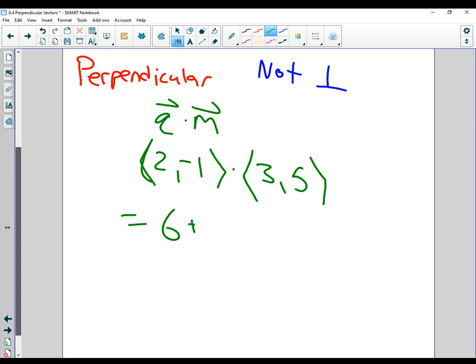Add, or it'll actually be minus 5. Are they perpendicular? No, because that thing's not 0. If that thing's not 0, it's not perpendicular. If it is 0, it's perpendicular. That's all there is to it. Any questions on this stuff? It's not too bad, right?